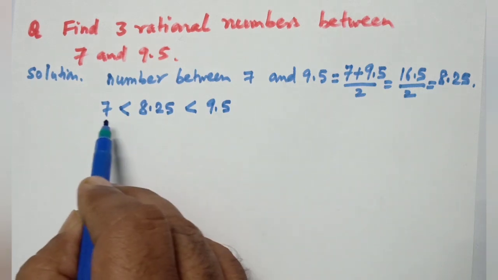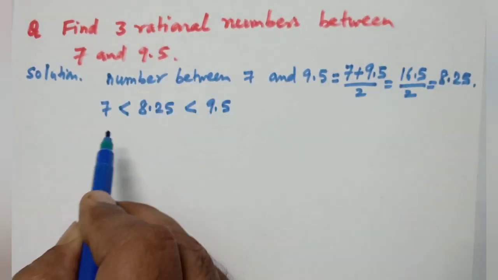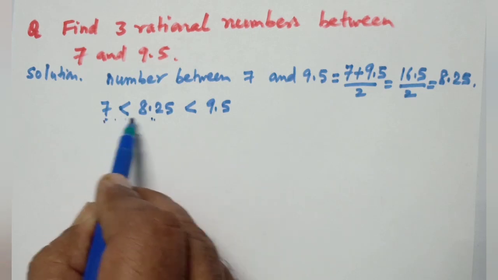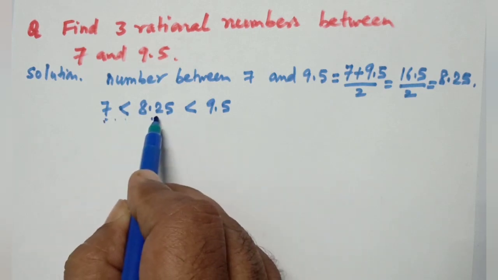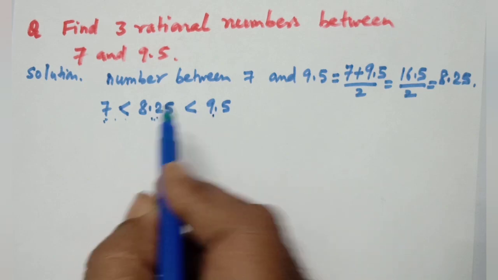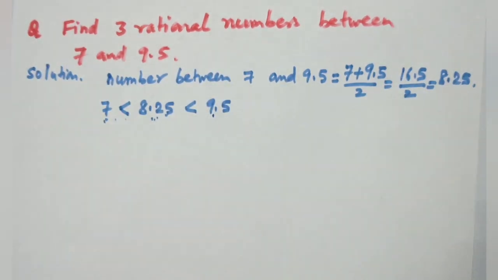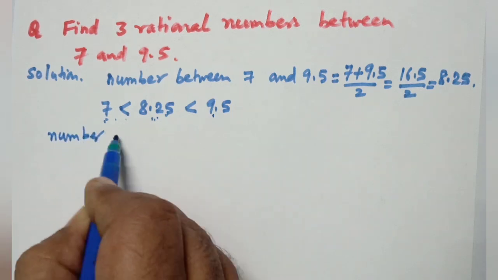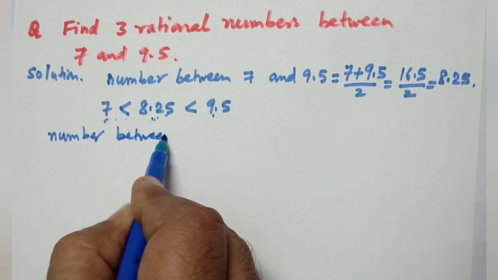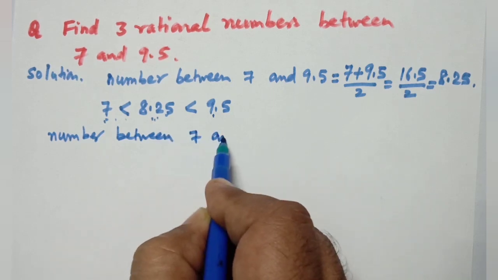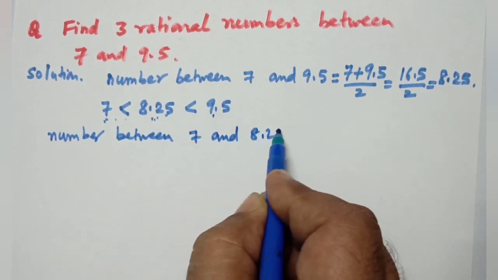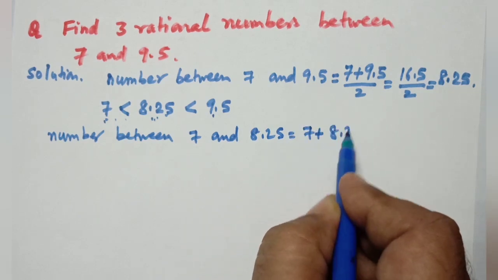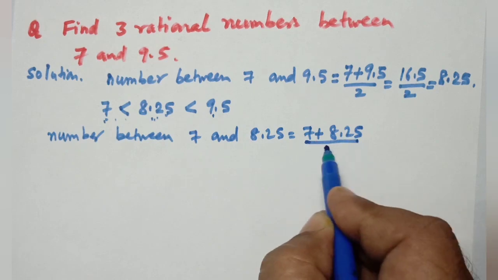Now we have to find 3 rational numbers. So in the next step, we will take these two numbers and find one number between these two, and in the same way between the other two. The process is the same; we are repeating the same process again and again. So now the number between 7 and 8.25 is equal to 7 plus 8.25 by 2.